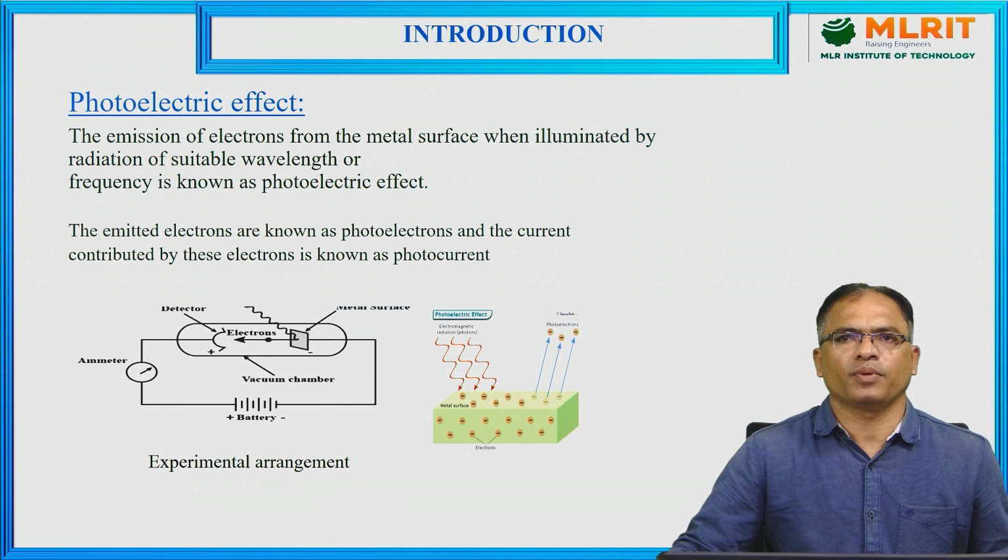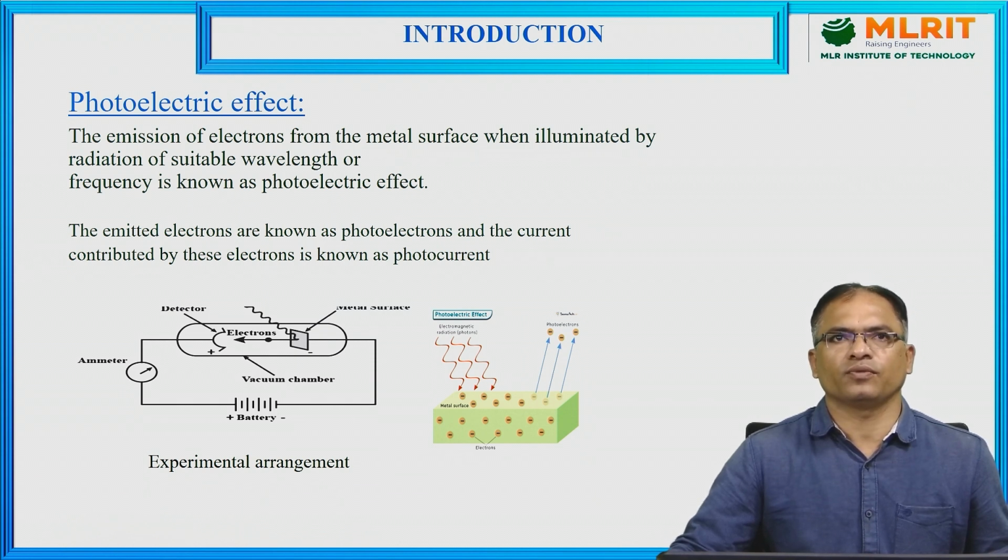So particle properties of radiation we can see in some of the experiments like photoelectric effect, Compton effect and theory of blackbody radiation, and the wave properties of radiation we can see in some more concepts like interference, diffraction and polarization. So this is one of the important topics given by the scientist Einstein in the year 1905, which proves particle nature of radiation, or we need to consider particle nature of radiation to talk about photoelectric effect.